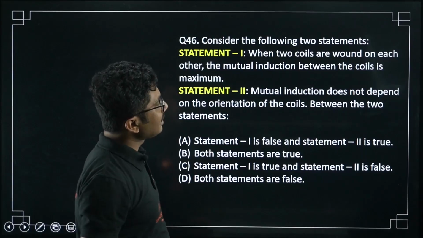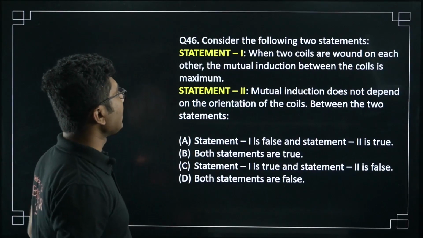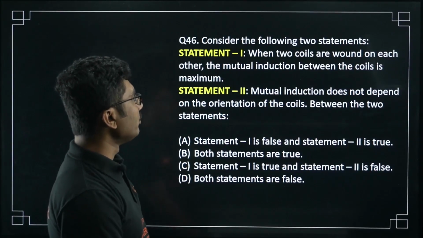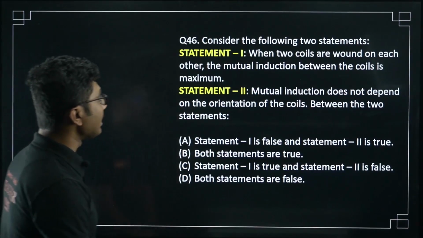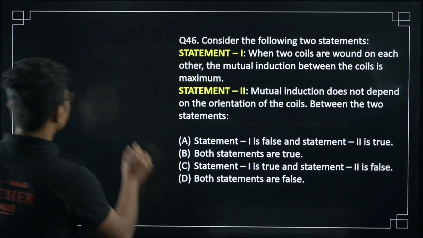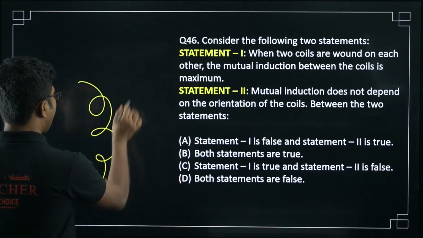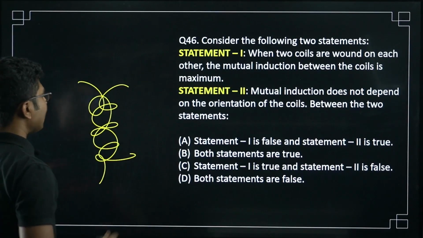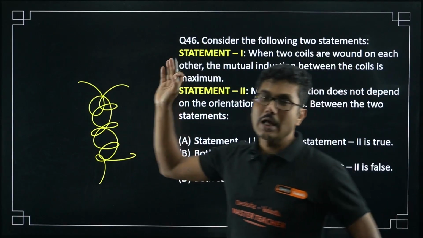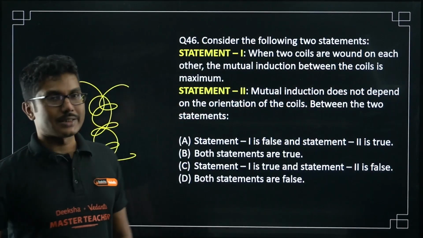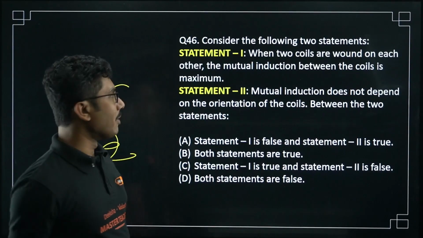Now consider the following two statements. Statement 1: when two coils are wound on each other, the mutual induction between the coils is maximum. Okay, if you wind one coil over another, then definitely, because they are very close to each other, whatever flux is coming out of the first coil is linked with the second coil, no flux leakage, so mutual inductance is maximum.